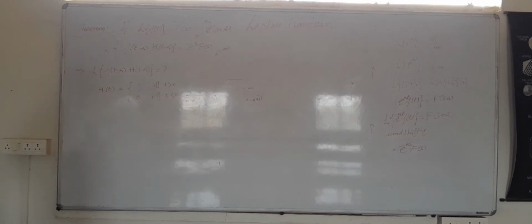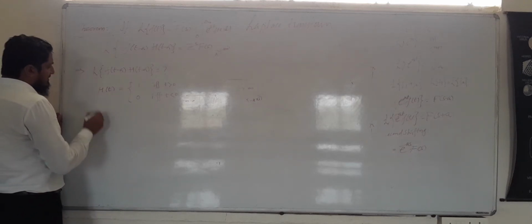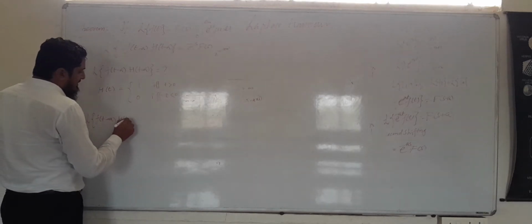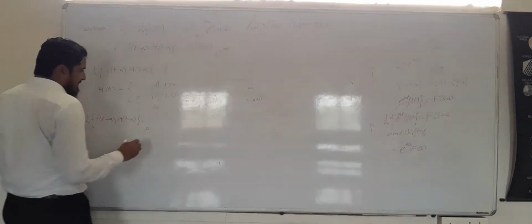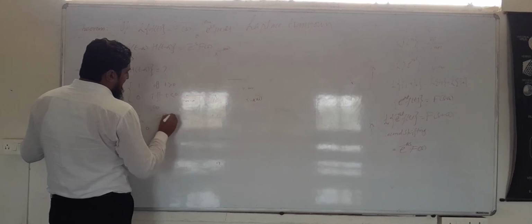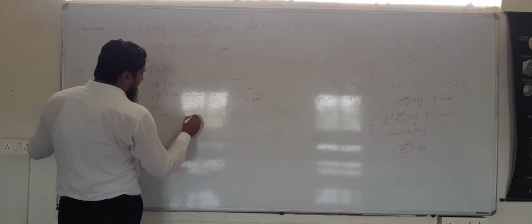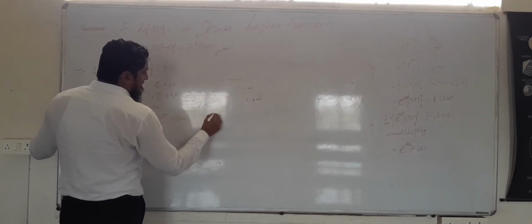Now we will try to find the Laplace transform of this function f(t minus a) h(t minus a): the integration from 0 to infinity of e raised to minus st f(t minus a) h(t minus a) dt.